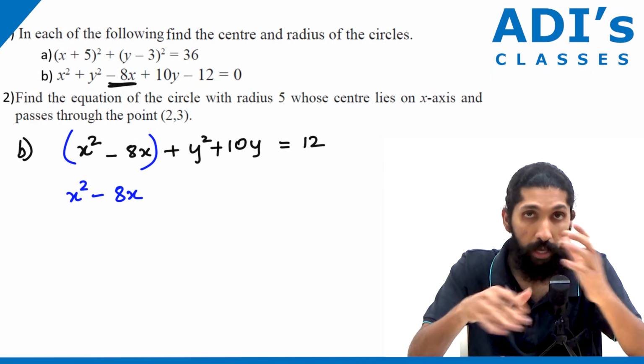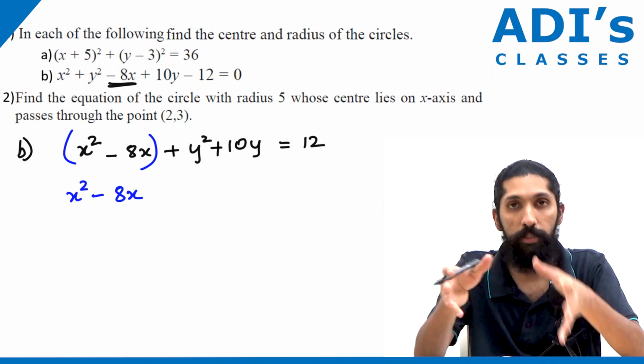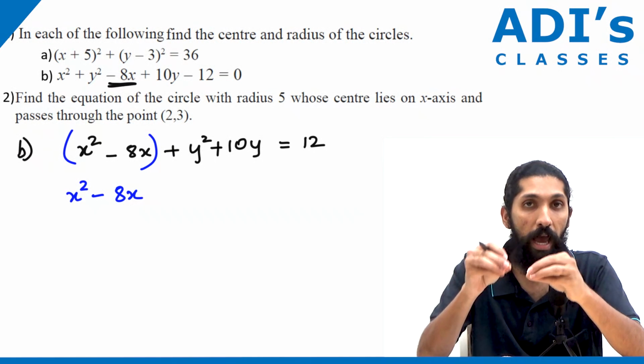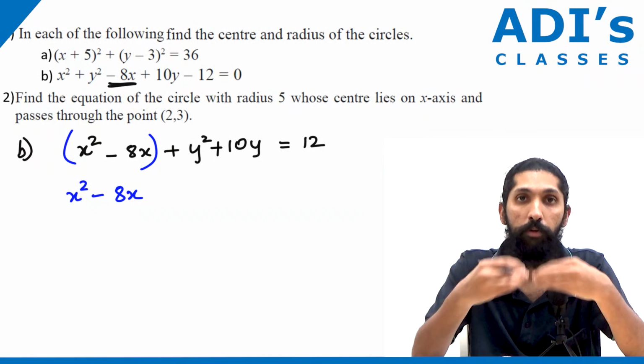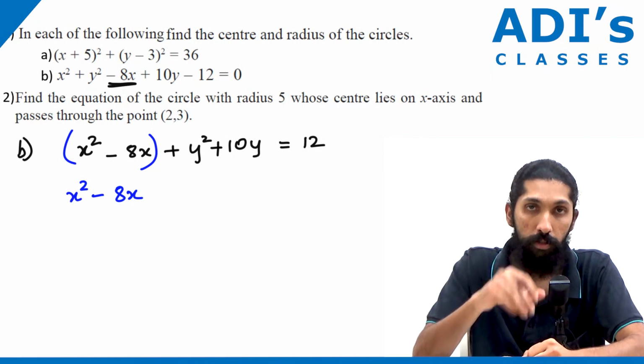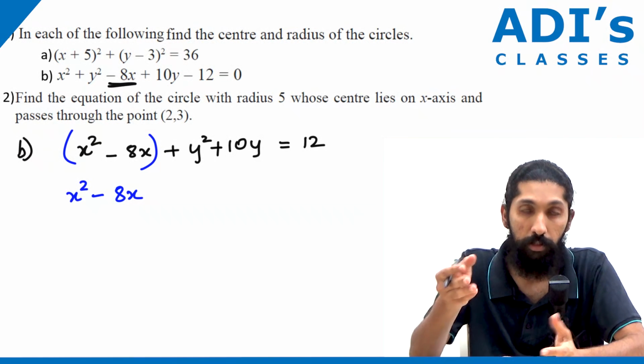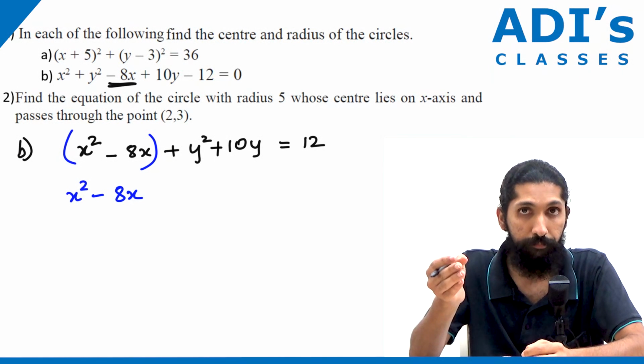Make sense? Again, I'll repeat what we are trying to do here. You have x square minus 8x. Now you're adding some constant so that it becomes a whole square. The question is, what do we add? We can't just add any random number because it has to become a whole square.